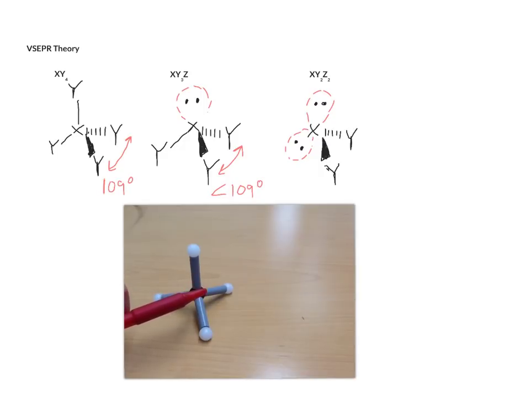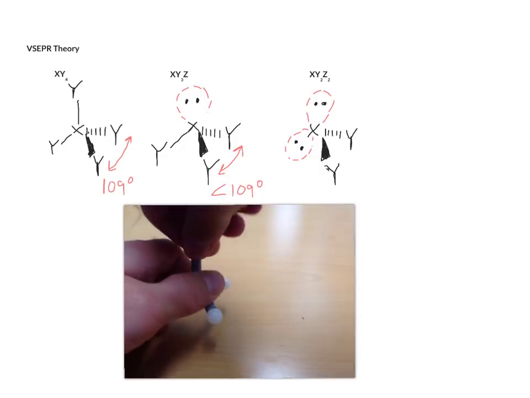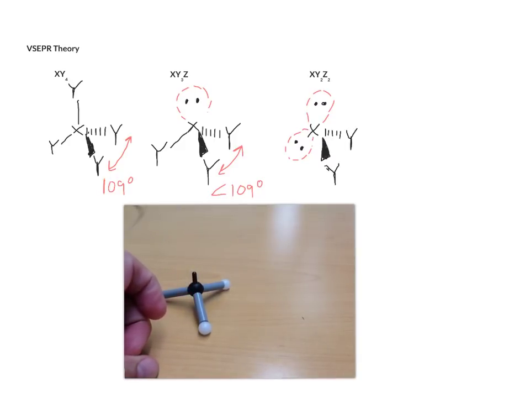The way you can picture the molecular geometries of the corresponding four group geometries is to just remove a bond, and this little nub represents the lone pair of electrons.